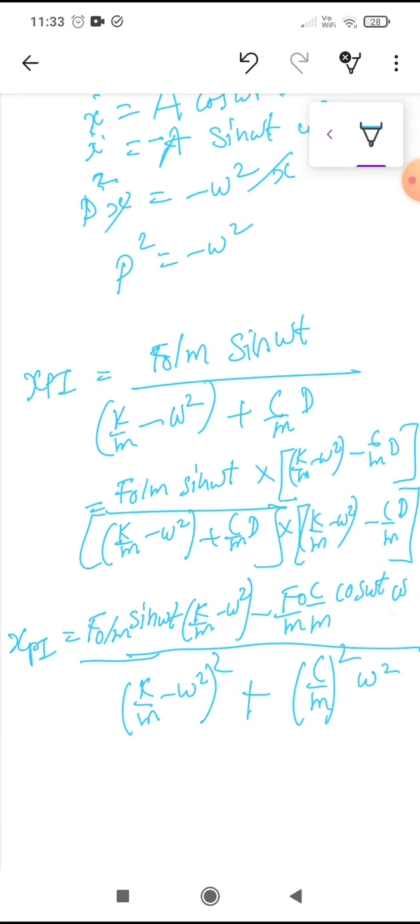Now I will rearrange these terms. F0 by m sine omega t into k by m minus omega square is written the same as it is. Now here I am writing with a minus sign.